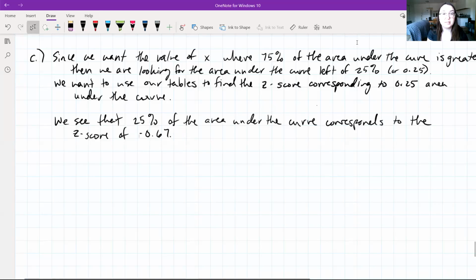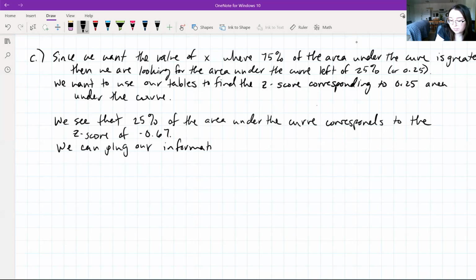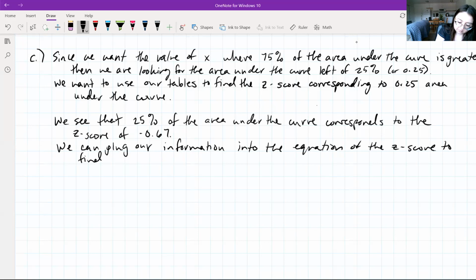Now that we know our z-score, and remember the value that we want to find is x, we know the mean, we know the standard deviation, we can plug all of this into our equation for the z-score to find our value of x.